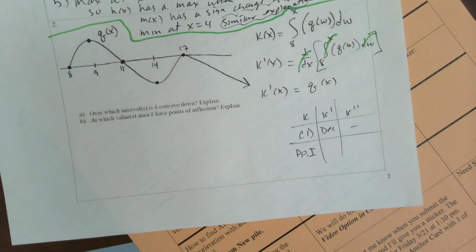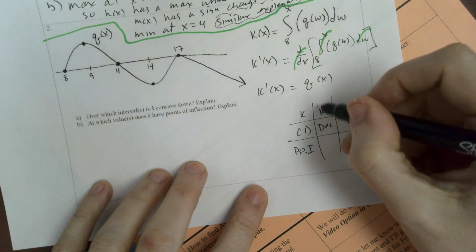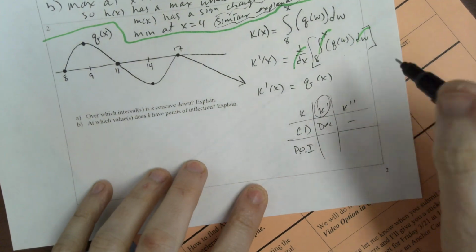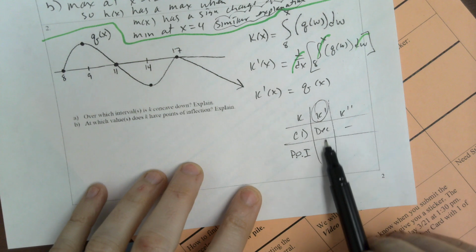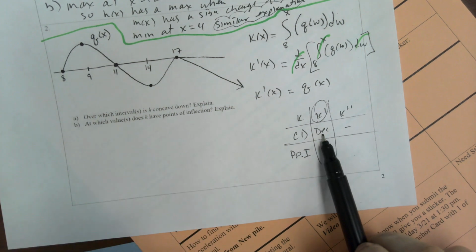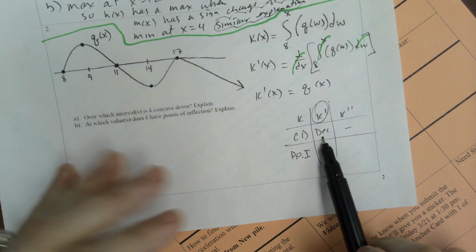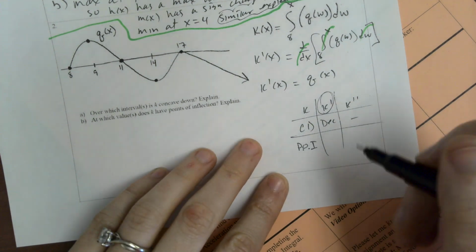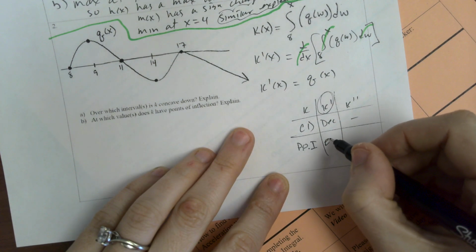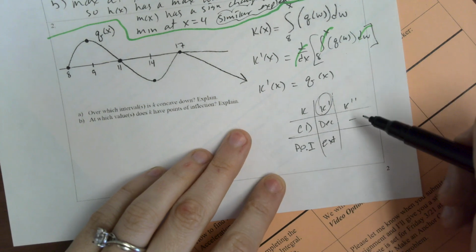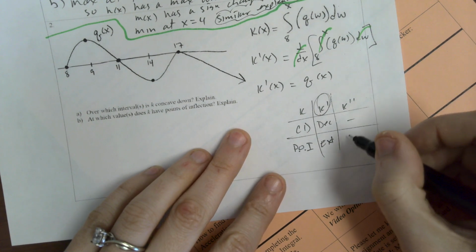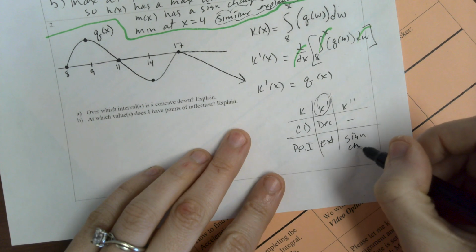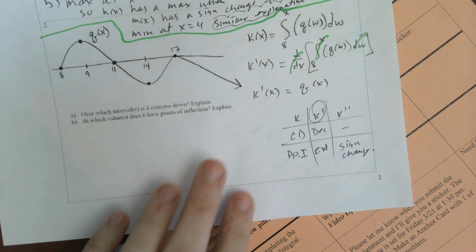But the graph we're looking at is right here. That's q of x right there. So we're going to be looking at this graph for where it is decreasing. Now, point of inflection, how are you going to see that on the k prime graph? You're going to see an extrema, so a max or a min. If you had k double prime, you'd be looking for a sign change.